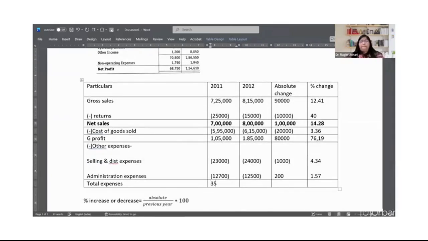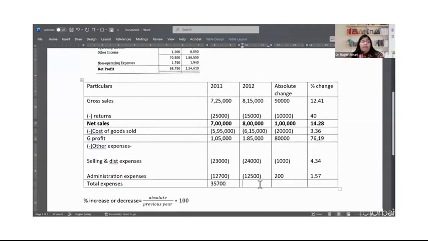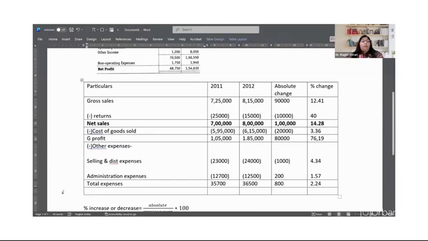35,700 and 36,500. The absolute change registered here is how much? That is 800 rupees. This is 800, and percentage change is 2.24. These are the total expenses.